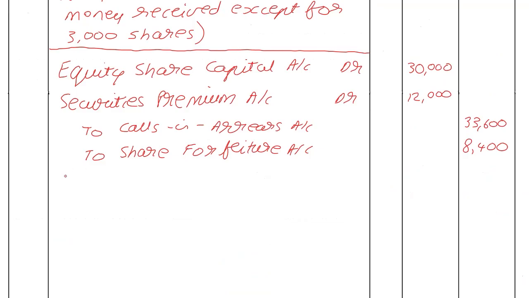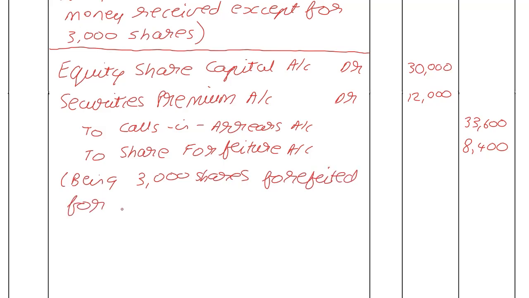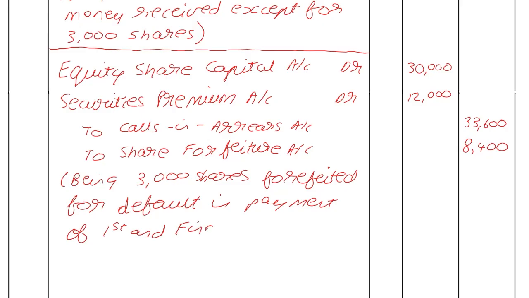Okay, so it's going to be, being 3,000 shares forfeited for default in payment of first and final call. And with that, we are done with the question.